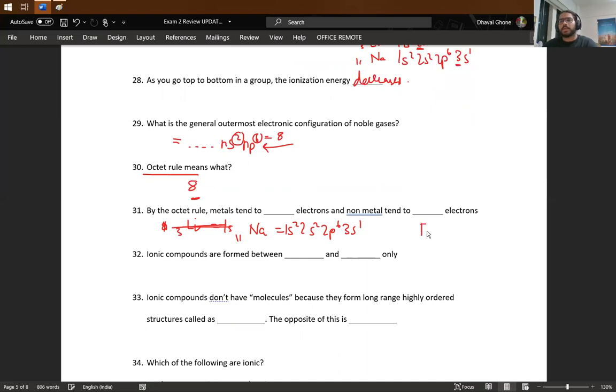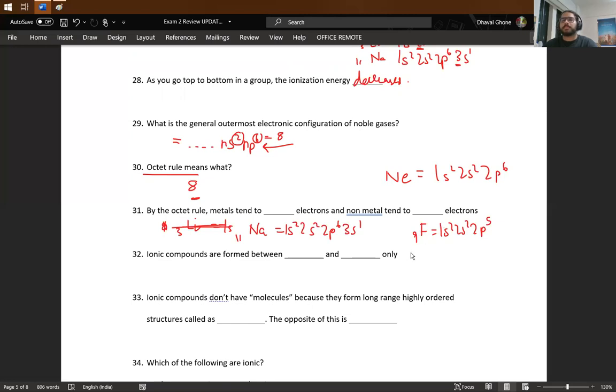And let's take fluorine, which is 9, 1s2, 2s2, 2p5. The closest noble gas between these two is neon, and neon's configuration is 1s2, 2s2, 2p6.